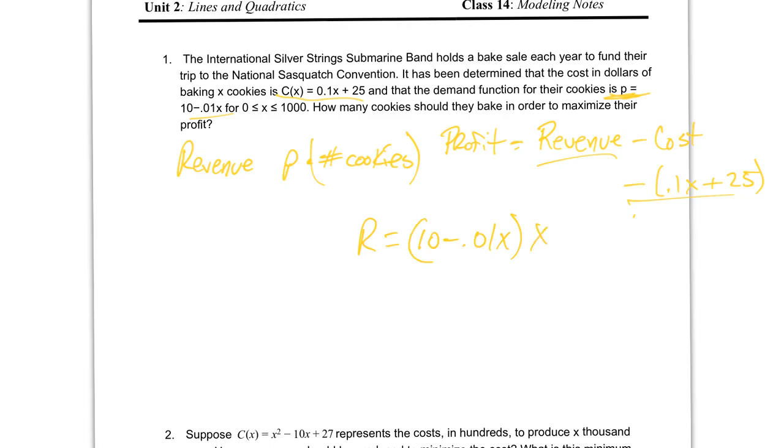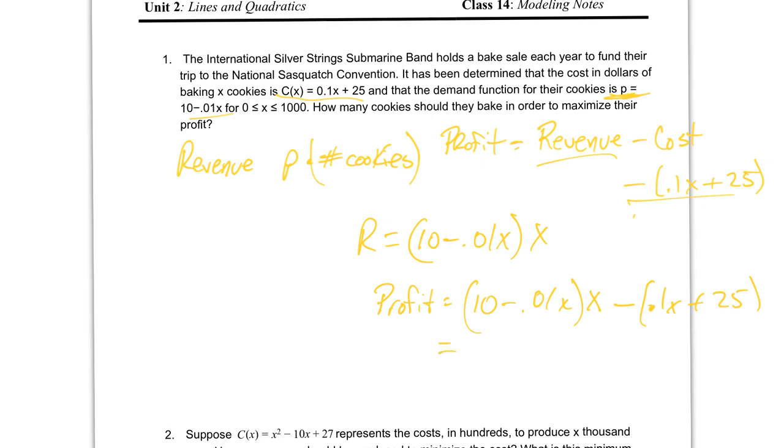So we're going to subtract cost from that revenue, so our profit is equal to 10 minus 0.01x times x minus, in parentheses, 0.1x plus 25.